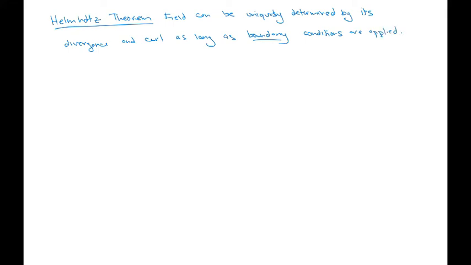And we are here now because we have specified what the curl should be of the electric field. We have specified what the divergence should be of the electric field. And now we have boundary conditions.